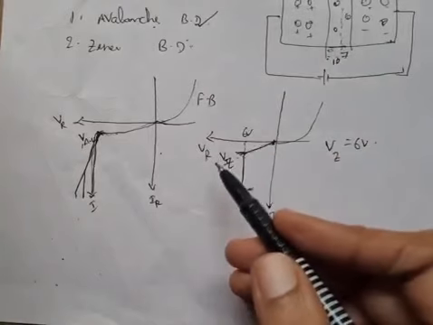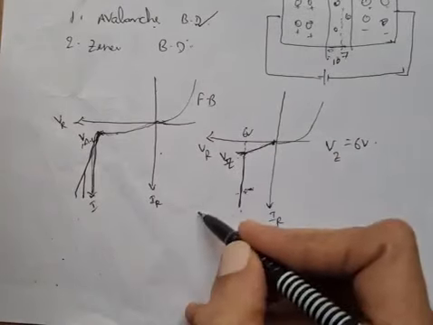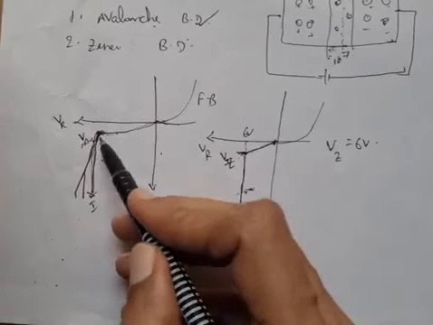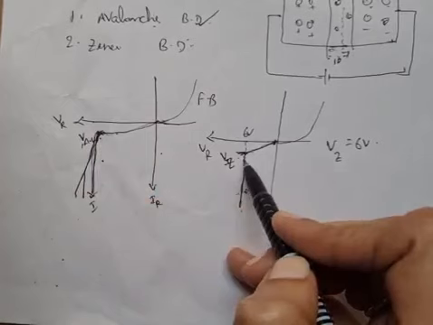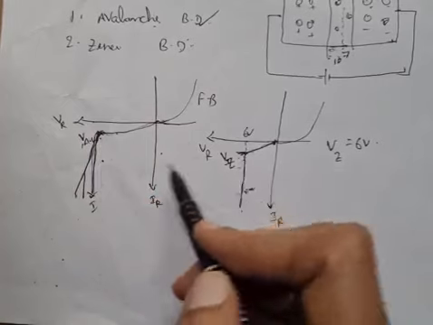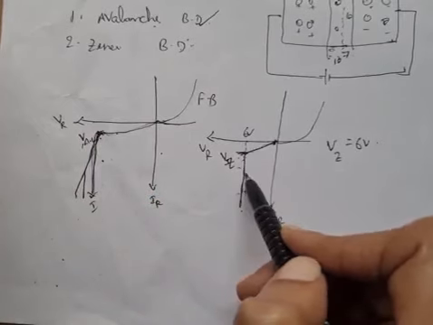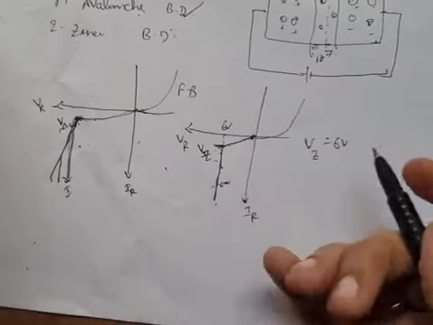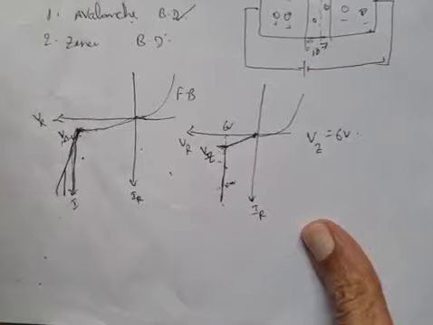Zener breakdown occurs for lower breakdown voltage and avalanche breakdown occurs for higher breakdown voltage. This is the higher breakdown voltage and this is the lower breakdown voltage. So such diodes are normally called Zener diodes. This is about a Zener diode. Next we see the application of a Zener diode.